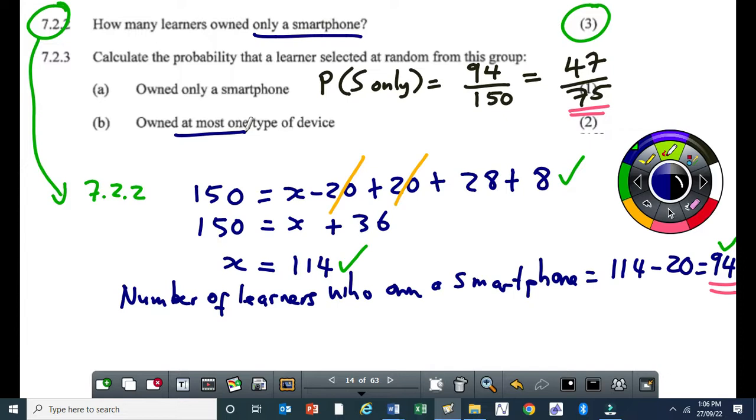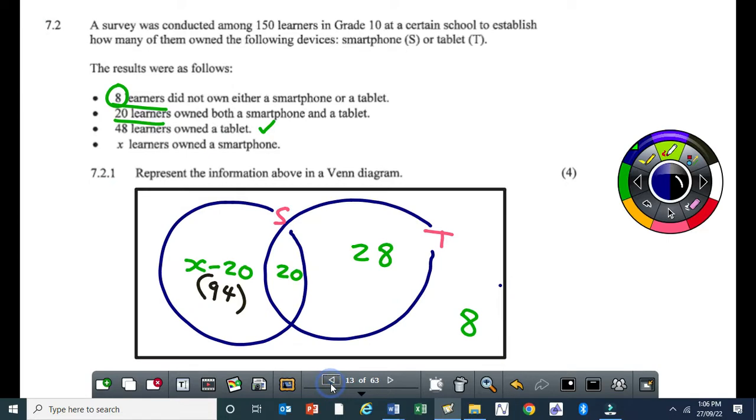I'm sure you can agree with me that it's possible that we might include those who don't own any device, because the maximum is what? 1. The minimum will be what? 0. Hey, can you pay attention? It doesn't say at least 1. It says at most one type of device. Which means probably some of them won't own any device.